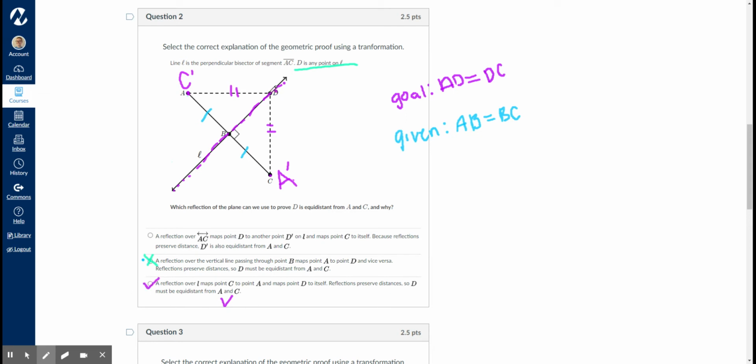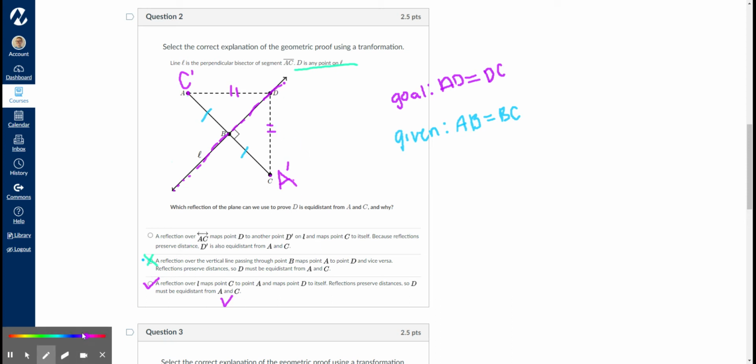And since D to A over here is the same as D to A prime, because reflections preserve distance, we know that that one does work, that one makes sense, must be true.